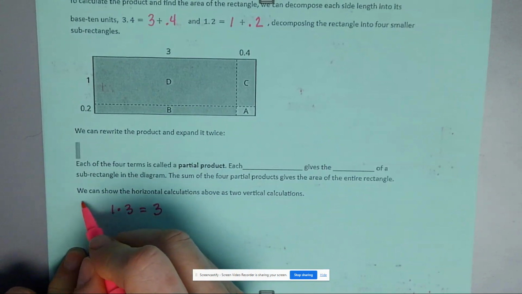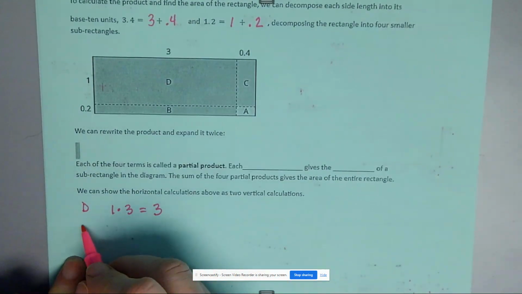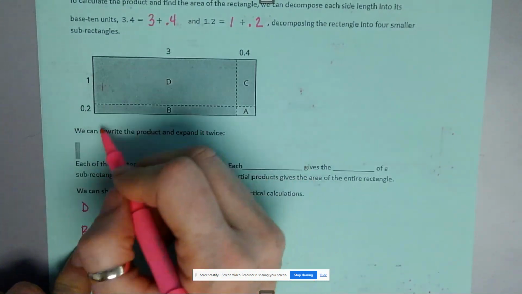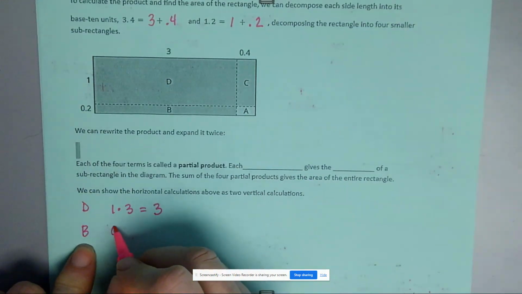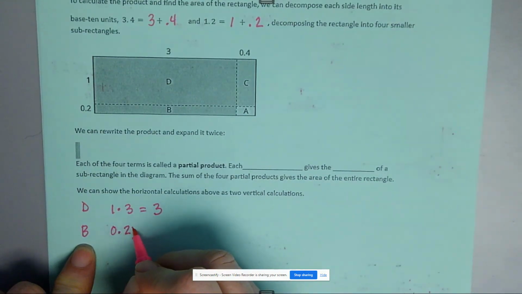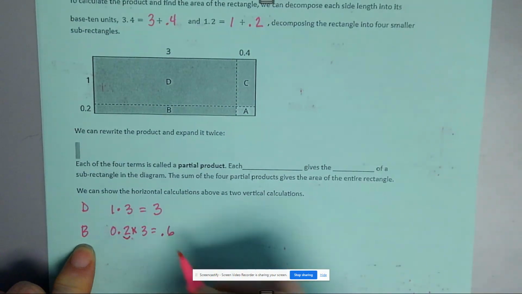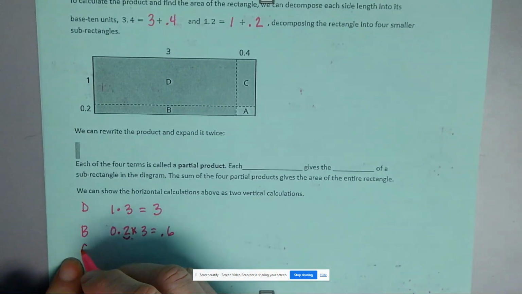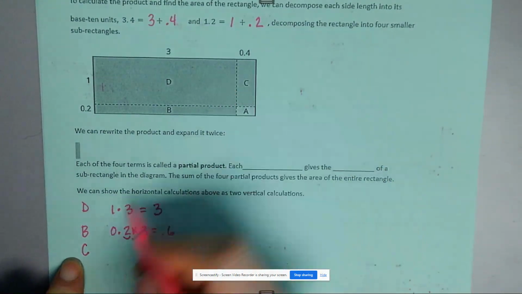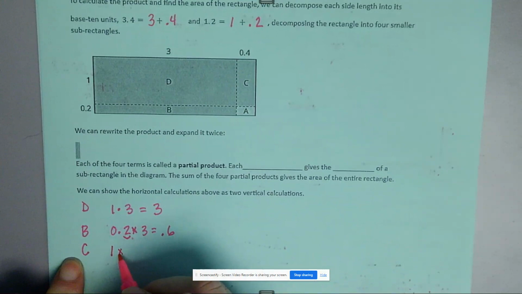Rectangle, we're going to just put that as rectangle D. And then I'm going to do rectangle B, which is 0.2, or 2/10, times 3. So that's a 6 with 1 place value. Rectangle C is 1 times 0.4.